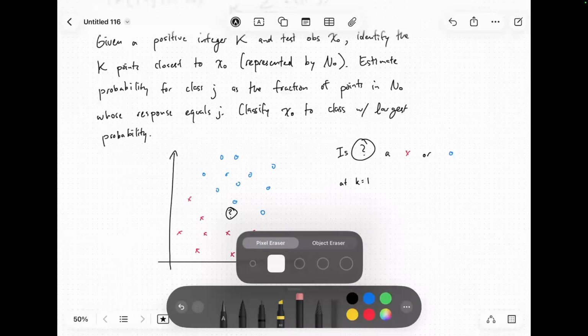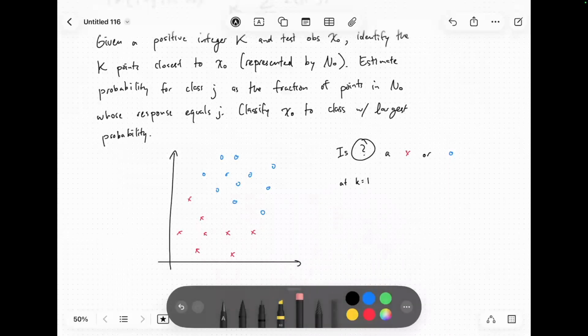Okay, let me actually do it like this. Okay, so based on the way that I drew it, I think the closest point is this guy here.